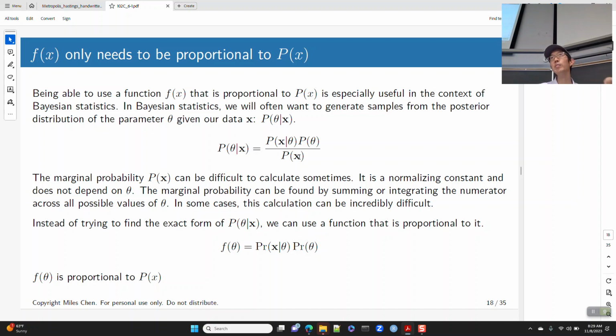And we said the denominator is found by finding the numerator for all possible values of theta, okay, and then summing the numerator across all of these values. Okay. And in our example, we had, like, the factories and the marbles, I think.